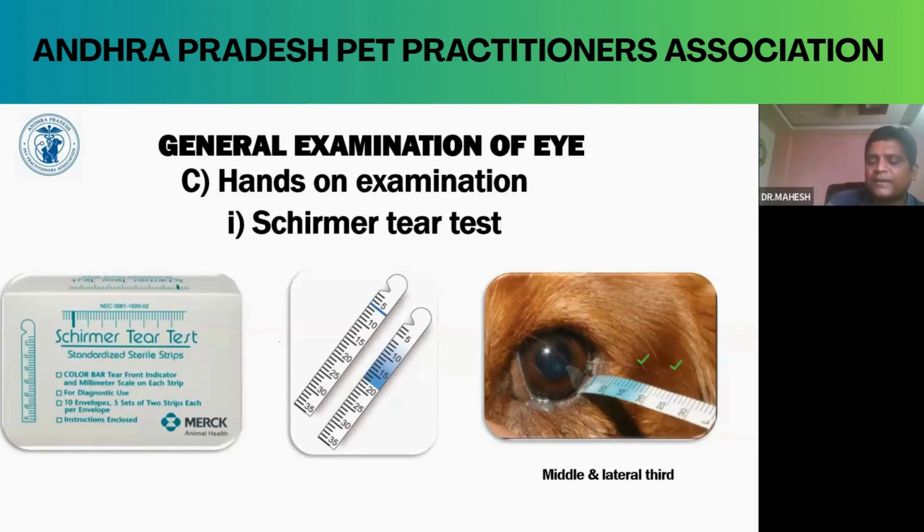We place it at this position because it will touch the conjunctiva as well as the cornea. Later we can see what the do's and don'ts are whenever you are going for this Schirmer tear test.